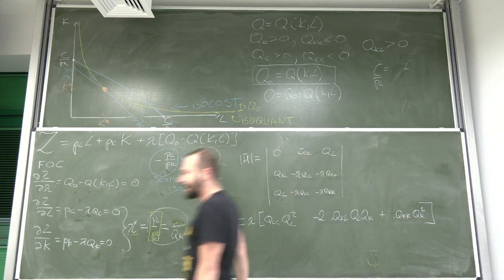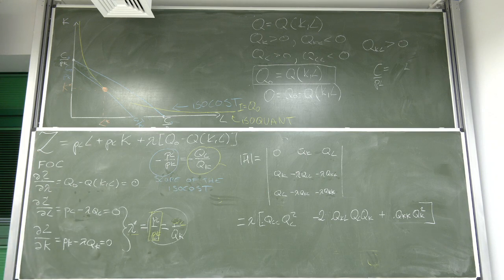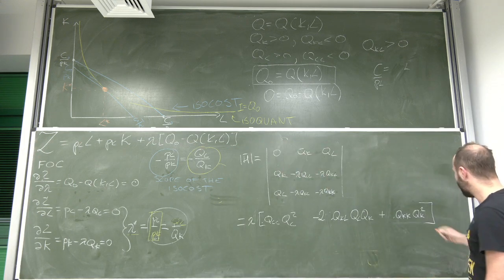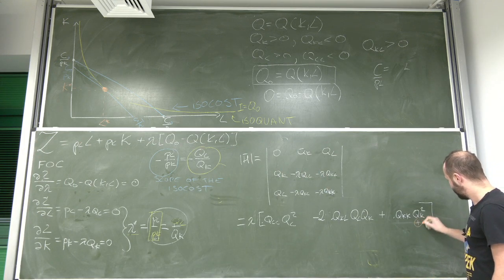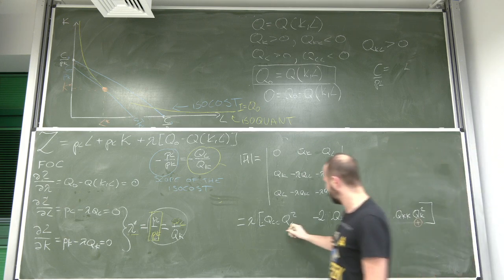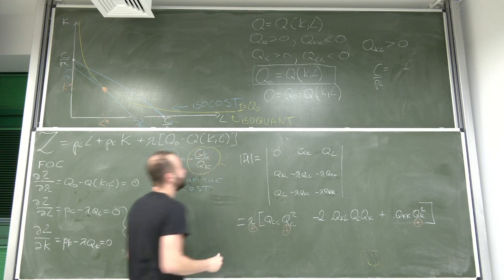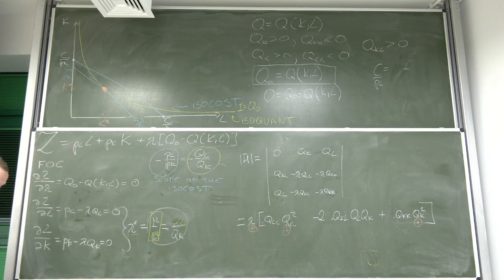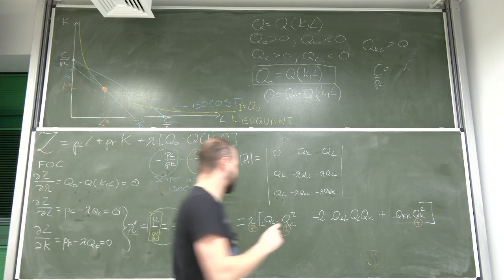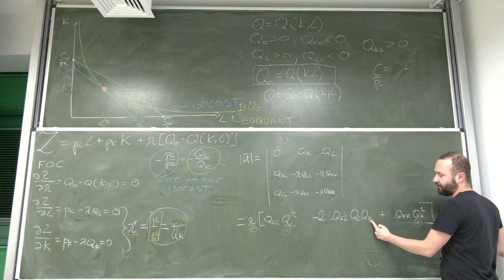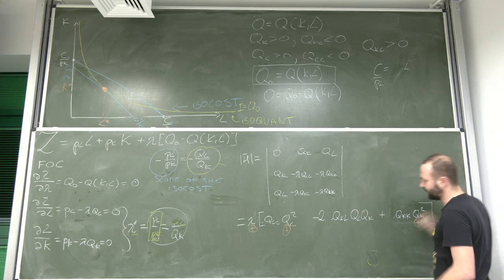Okay, now all we need to do is to assess the sign of the expression. So what do we know? We know that expressions in squares are positive. We also know that lambda is positive. We just discussed this. And what else do we know? We know that when we increase the level of capital or labor, production increases, right?